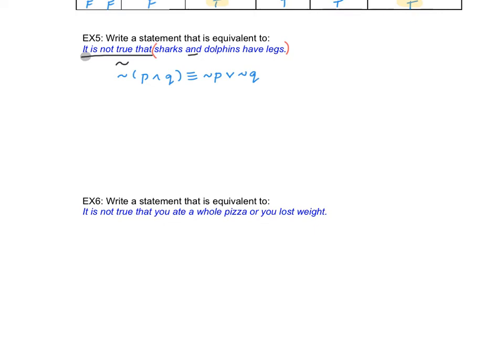However, I didn't label my simple statement, so it's probably best if I specifically say what P is, because notice in the parentheses we have P and Q would be sharks and dolphins have legs. Those aren't even complete statements. So sharks is not a complete statement. It should be sharks have legs.